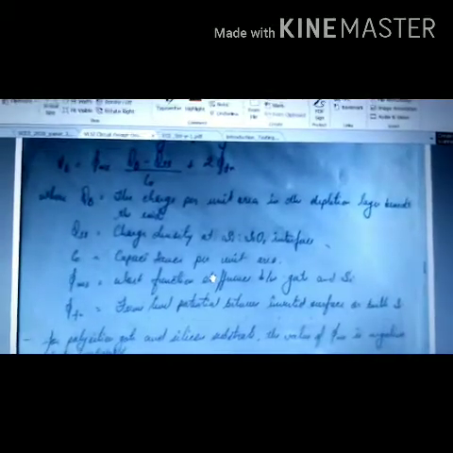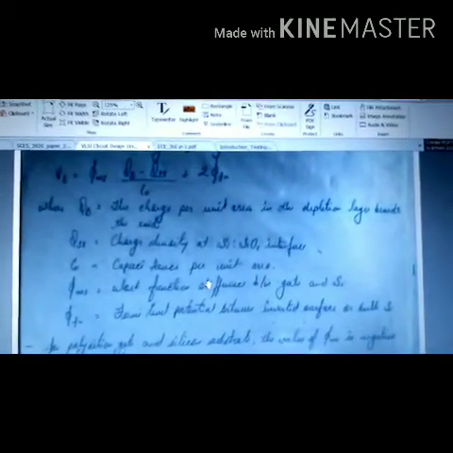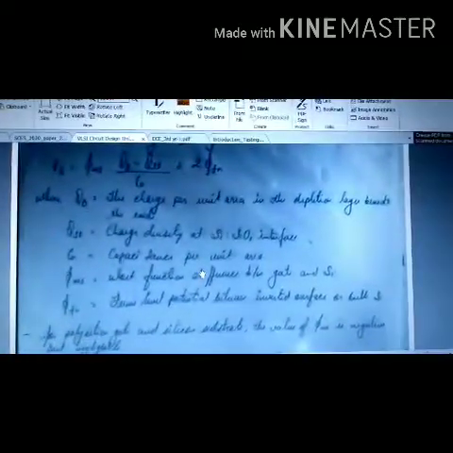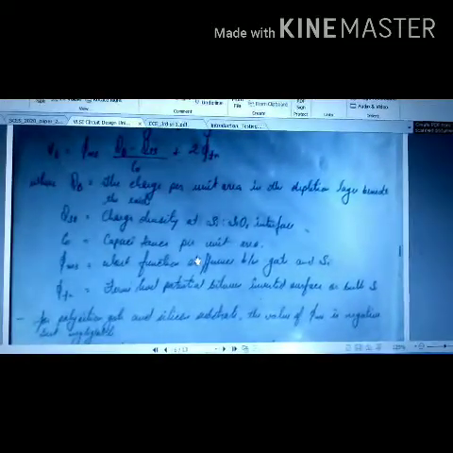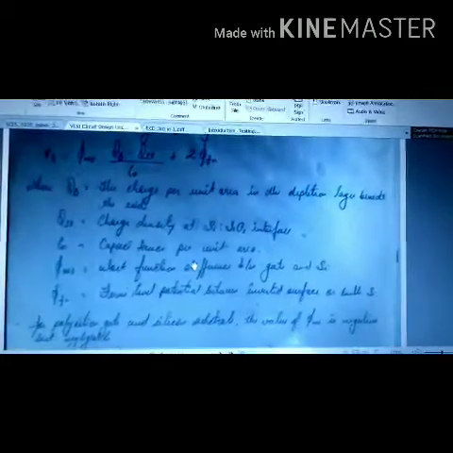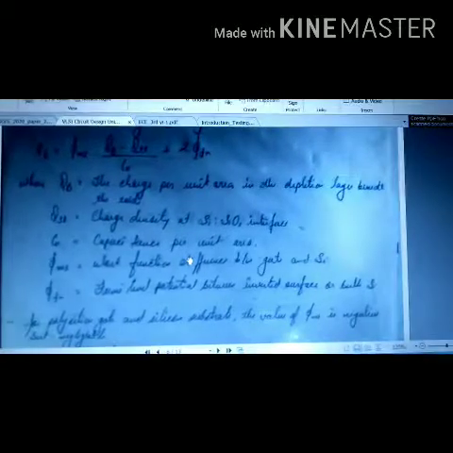We have a polysilicon gate which has a specific work function, and then we have a silicon channel, which has a different work function. Due to the difference in their work functions, charges may arise which also need to be neutralized. Finally, phi f is the Fermi potential between the inverted surface and the bulk silicon.